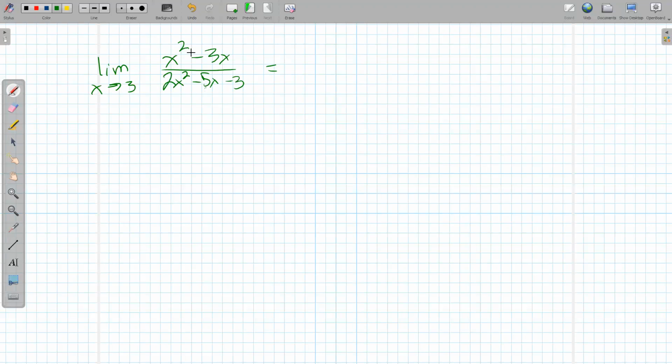If I plug in 3 here, I get 3 squared minus 3 times 3. Ooh, that's a 0. Down here we get 2 times 3 squared minus 5 times 3 minus 3, which is 18 minus 15 minus 3, which is 0 again.